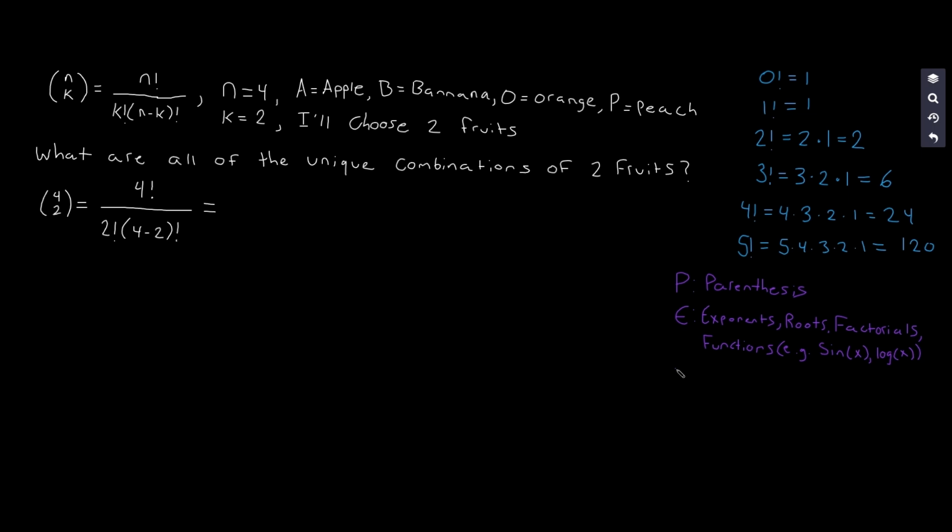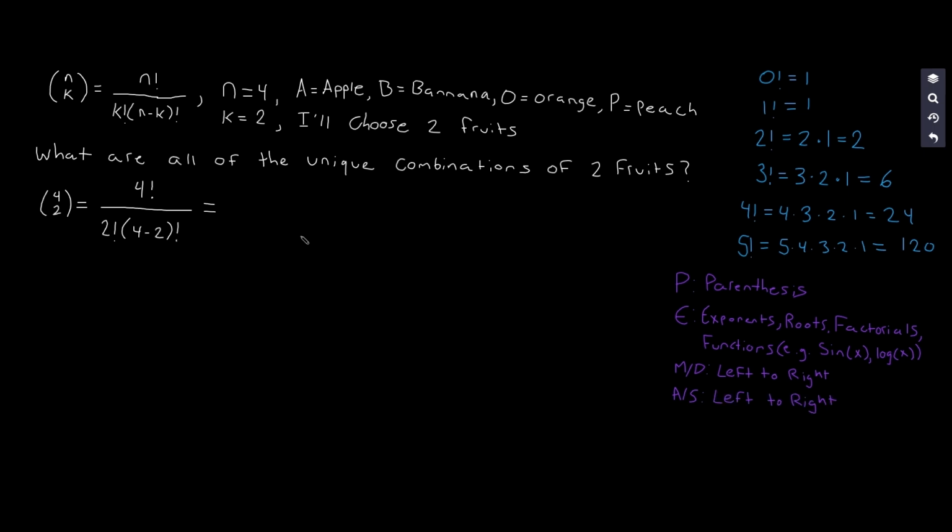M, multiplication, and D for division. But we write it like this because neither one of them has precedence over the other. The only thing we need to note for multiplication and division is that we move from left to right. And then we have addition and subtraction, but the same thing as before, neither one of these operators has precedence over the other. It's addition and subtraction, but we do move from left to right.